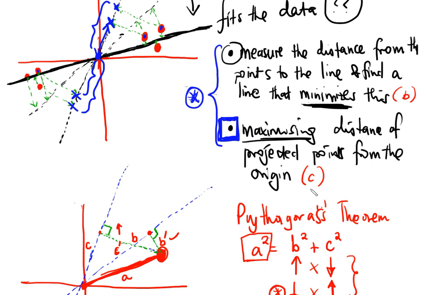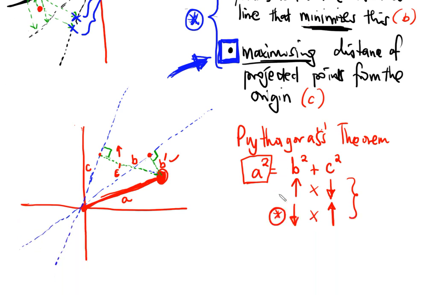So the best line that fits the data either minimizes the distance from the line to the point, or, like what PCA favors, maximizes the distance of the projected points from the origin. Cool, so that's what we will be doing.